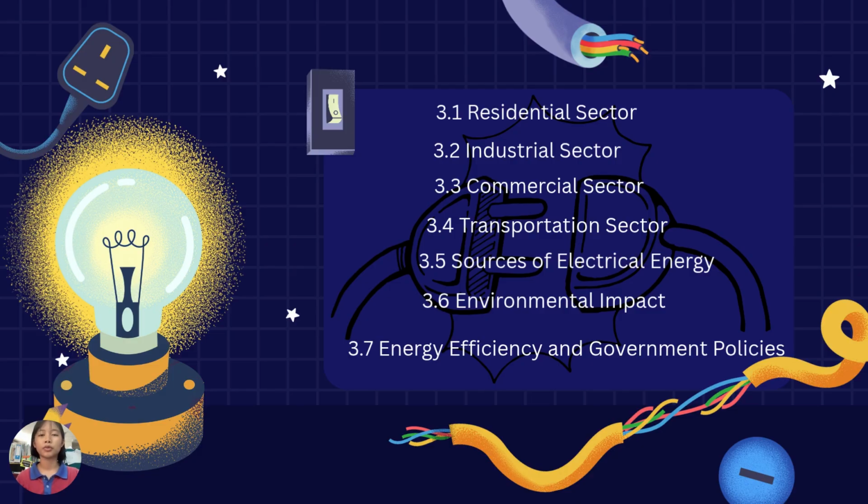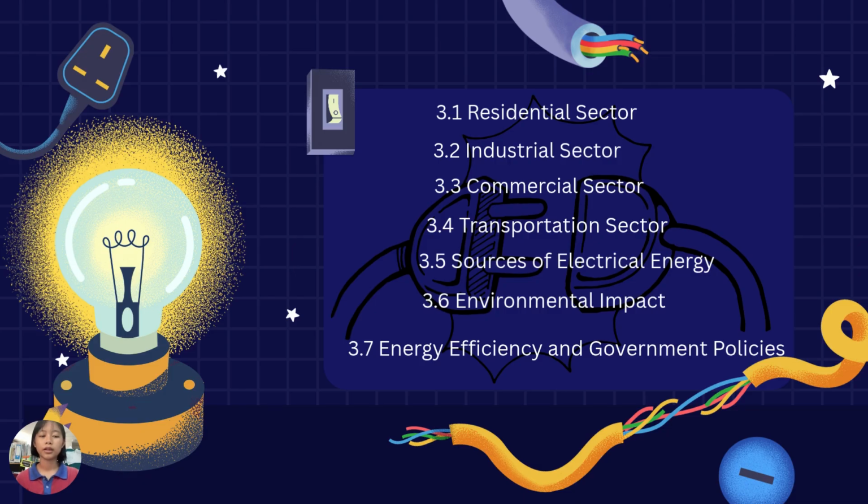Fifth point, 3.5, sources of electrical energy. Electricity in Malaysia is primarily generated from fossil fuels such as natural gas and coal. However, the government has made significant efforts to increase the share of renewable sources like solar, hydro, and biomass. The National Energy Transition Roadmap (NETR) aims to make renewable energy a major contributor to the electricity mix by 2050.